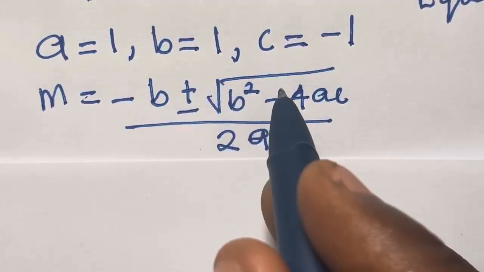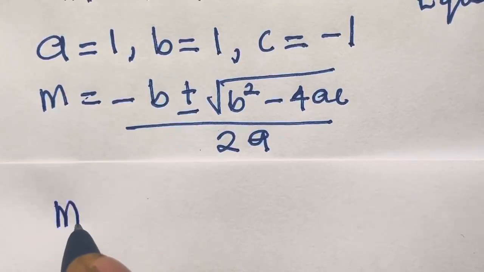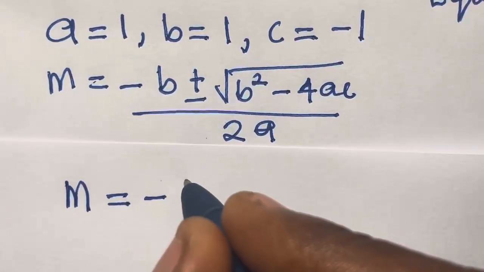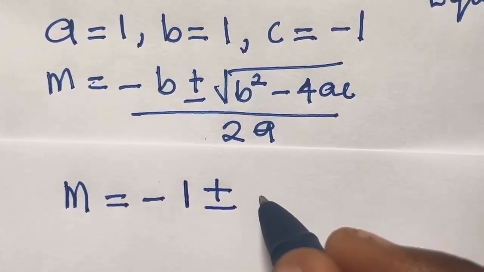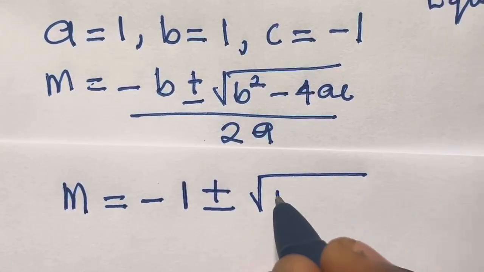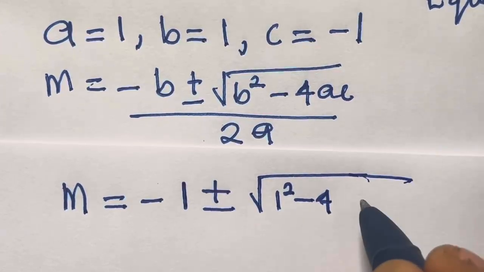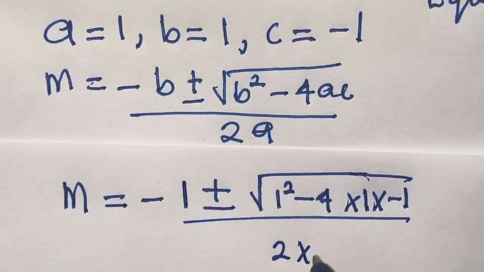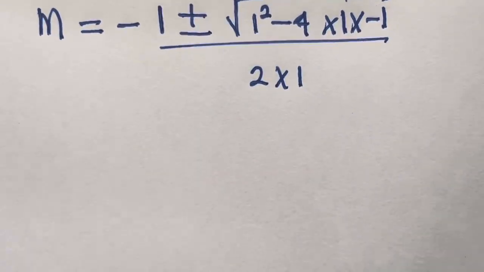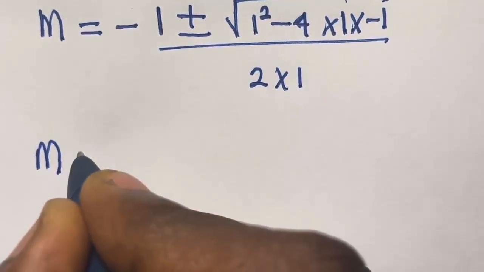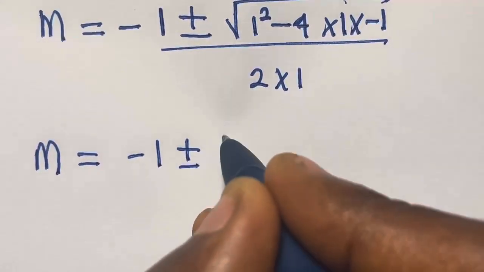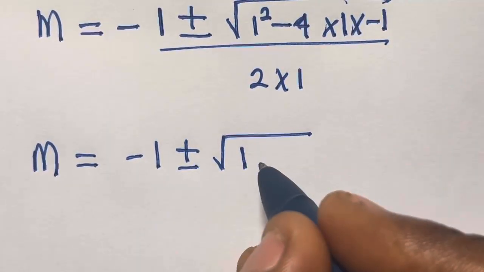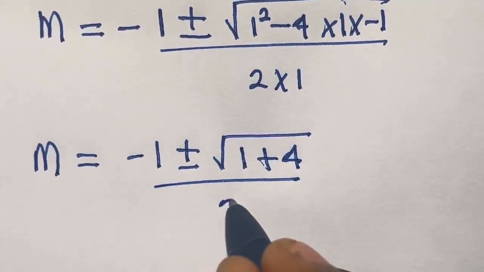Substituting, m equals minus 1 plus or minus square root of 1 squared minus 4 times 1 times minus 1, divided by 2 times 1.